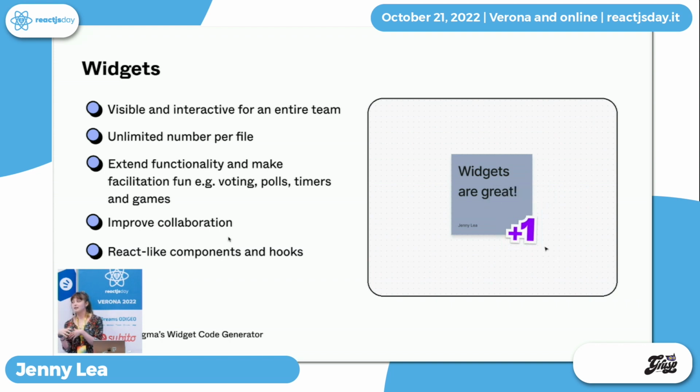And then because they render directly on the canvas, you can just map one-to-one with layers in Figma. This will make more sense when we make a widget in a minute. And we also provide hooks for using state and any other custom user events that we have for widgets.